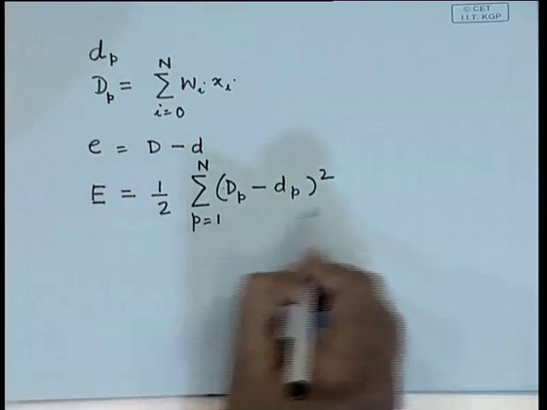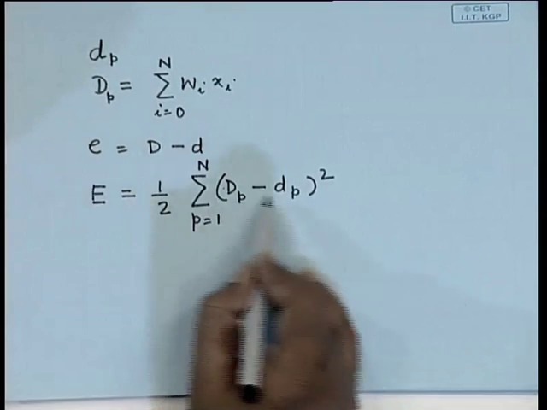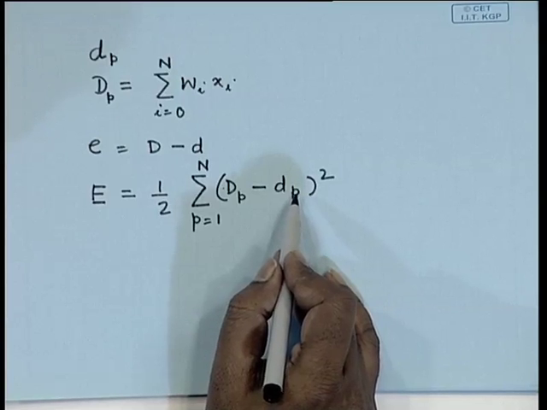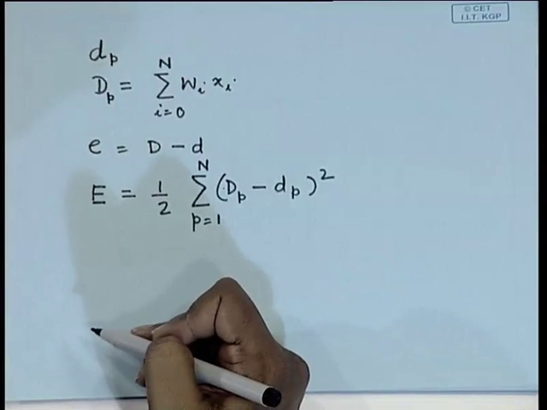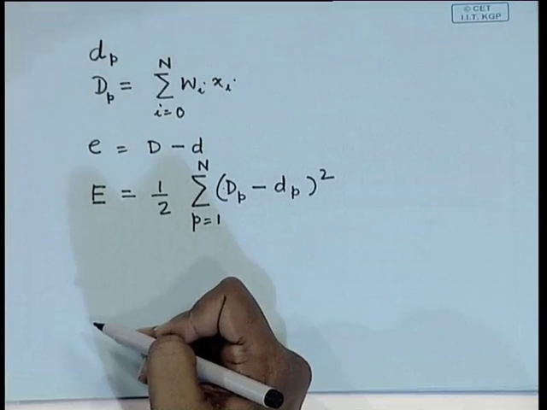So, the simplest approach that can be taken is you try to minimize this by differentiating it with respect to w. And as w has m plus 1 components, by differentiating this with respect to w and equating that to 0, I will get m plus 1 simultaneous linear equations.